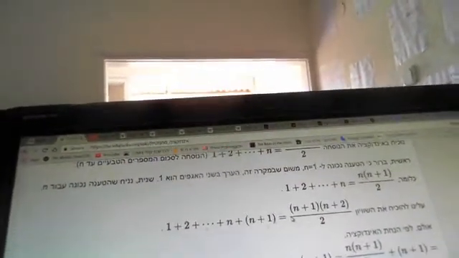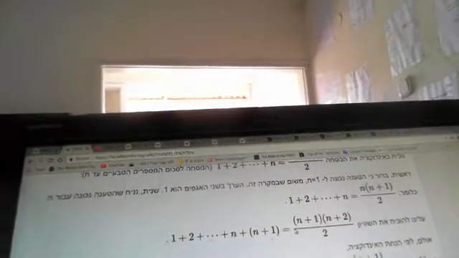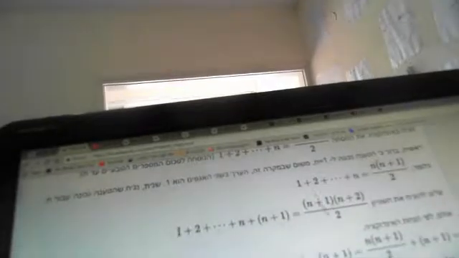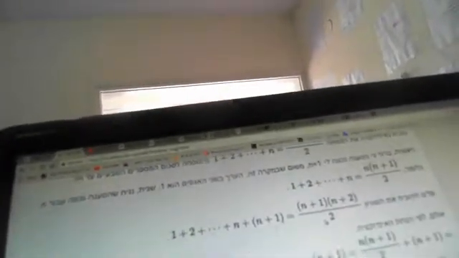So what we did is that we assumed that it is true for n, and according to our assumption that it is true for n, we proved it for n plus 1. So that is all the example.